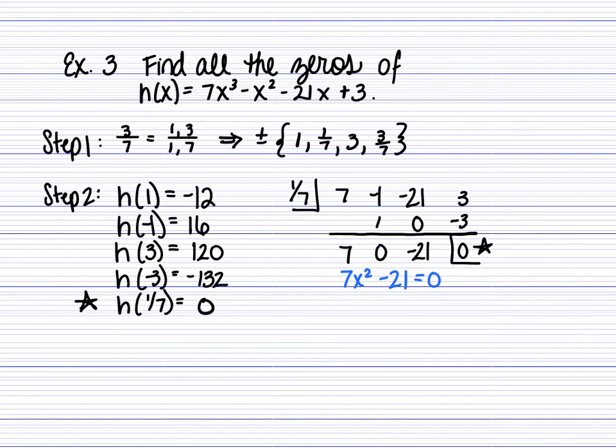I can continue with my list and find the other two, or I could go ahead and just solve this quadratic. This is an easy enough quadratic to solve algebraically because I do not have that b term. So I'm just going to go ahead and add 21 over. Divide by 7.